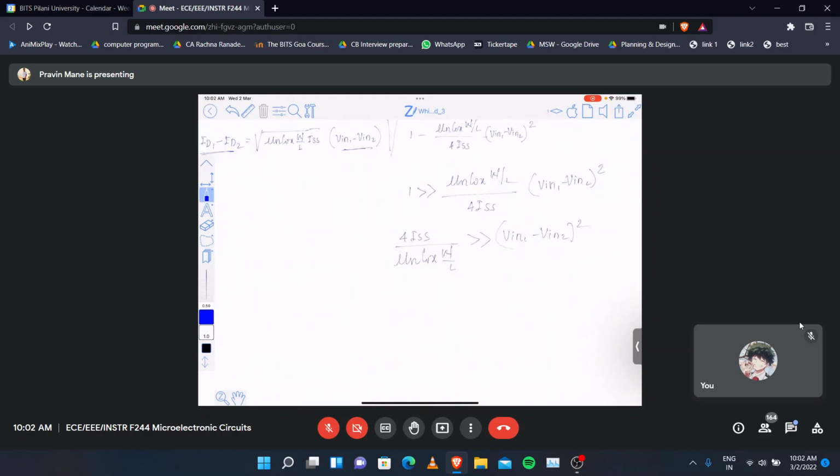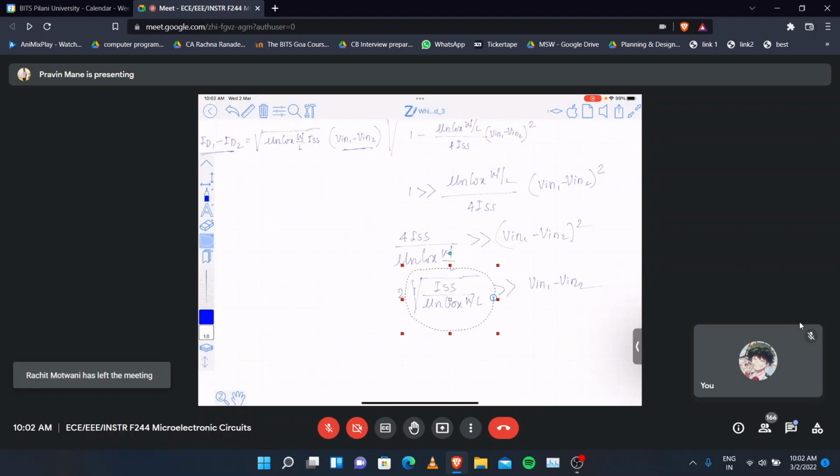Taking the square root on both sides, 2 times square root of ISS upon mu n Cox W by L should be very large in comparison to Vin1 minus Vin2. What is this quantity? It is the overdrive voltage.